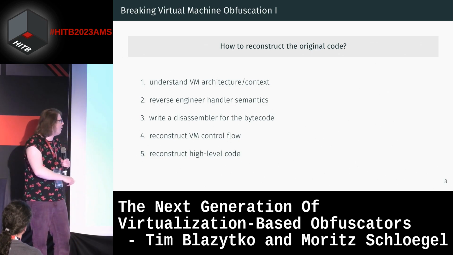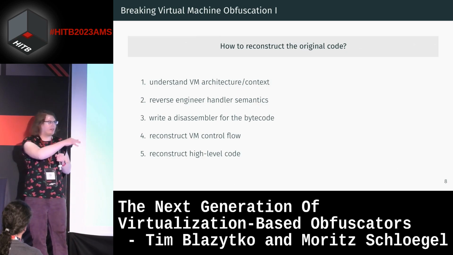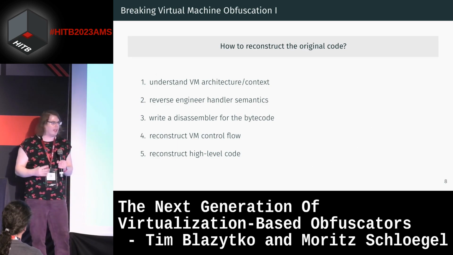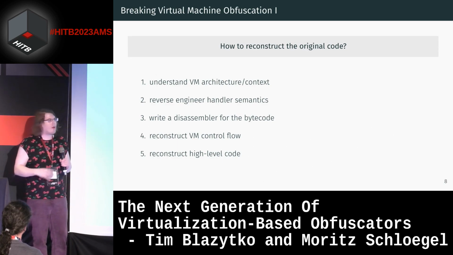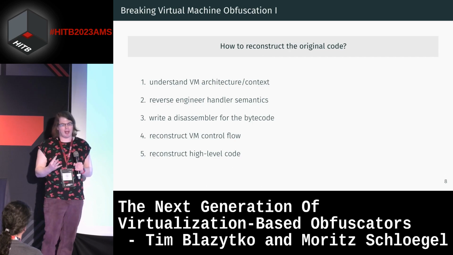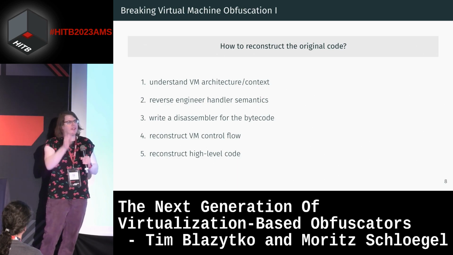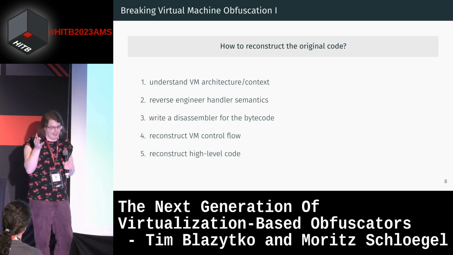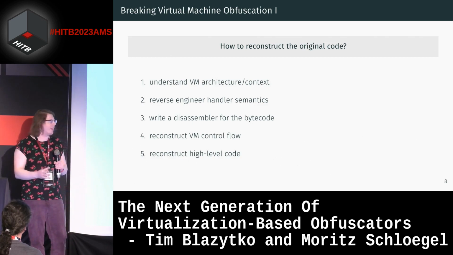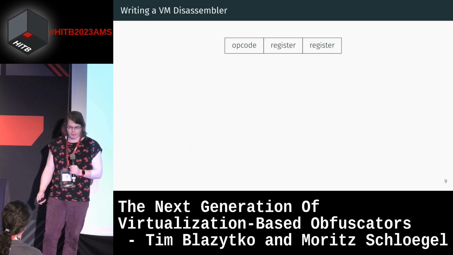In the second step, we have to reverse engineer the handler semantics, like this is an addition, this is a multiplication, and figure out the instruction encoding. Once we figured out the instruction encoding, we can write a custom disassembler for the bytecode, such that we give the sequence of bytes some meaning. And based on this assembly, we can then start reconstructing the control flow and finally reconstruct the high-level code.